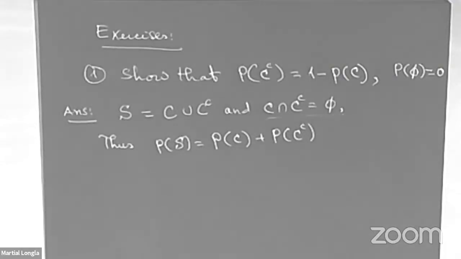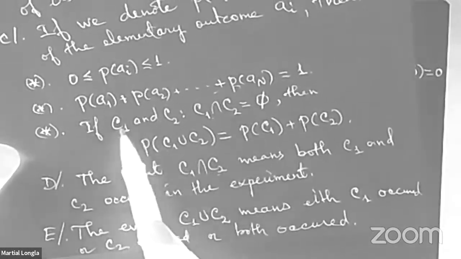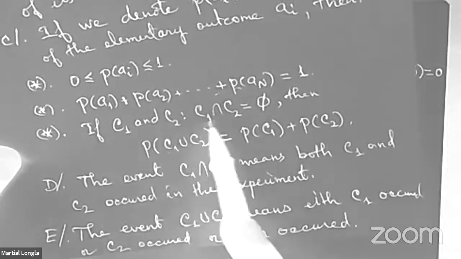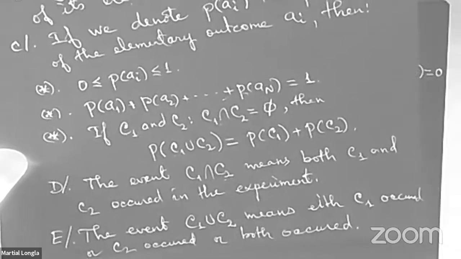Whenever the intersection of two events is empty, the probability of their union is the sum of the probabilities, right? That's the rule I have here. When you have two events with empty intersection, the probability of the union is the sum of the probabilities.